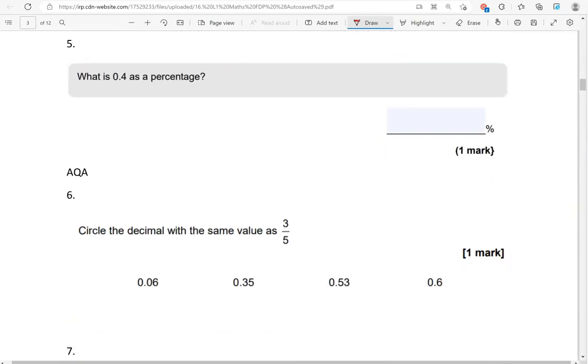What is 0.4 as a percentage? So if I just quickly draw a bar again, got 10 equal parts, starting with 0, ending with 1, which is like 0% and 100% as a percentage. 0.4 is going to be 1, 2, 3, 4 here, 0.4.